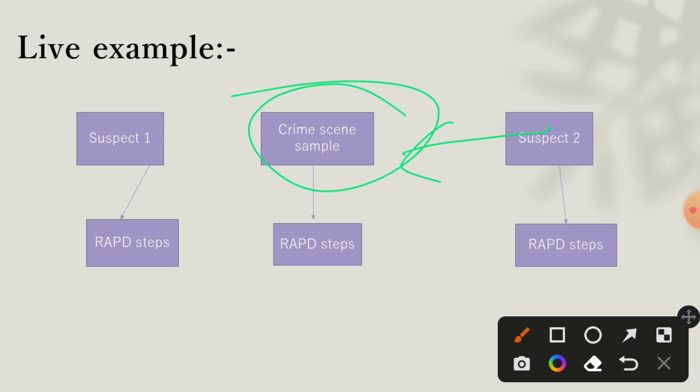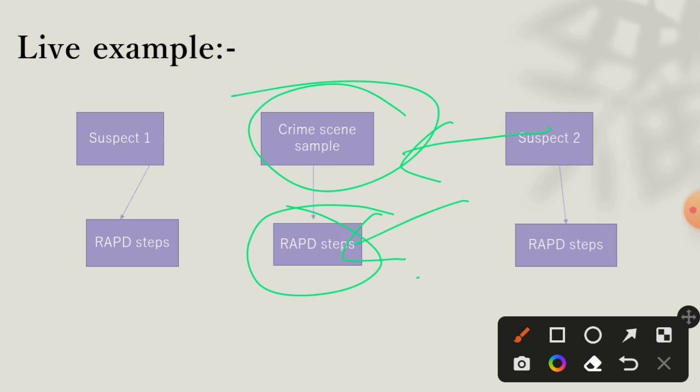Now your goal will be to transfer it to forensic scientists. Those forensic scientists will isolate the DNA from it. Now that DNA will be used to perform the random amplified polymorphic DNA molecular marker test.